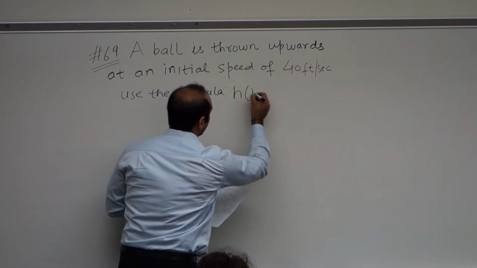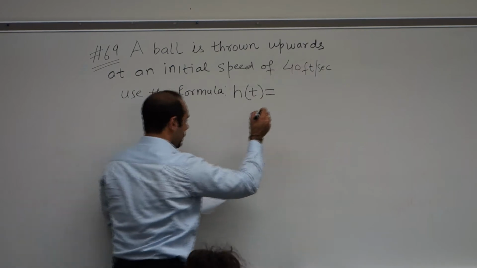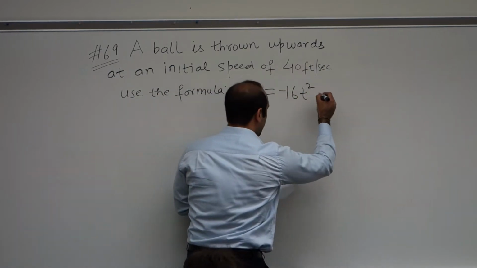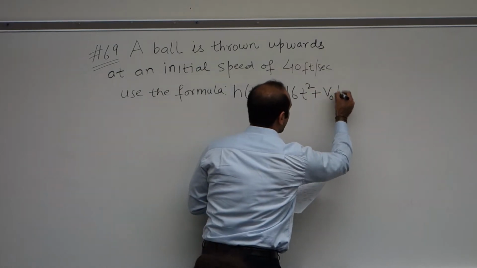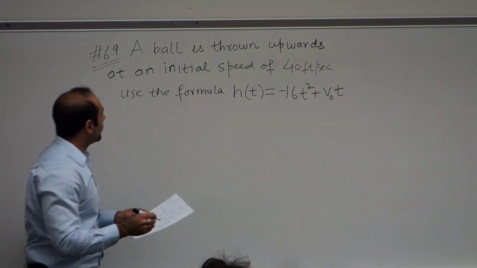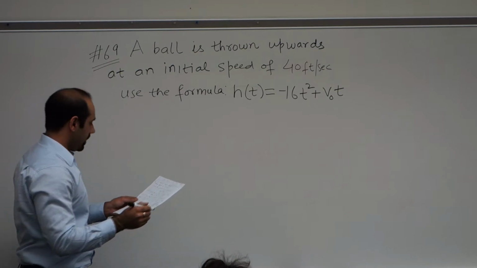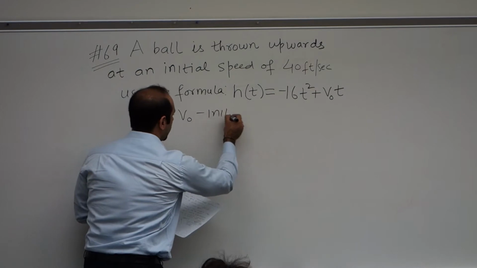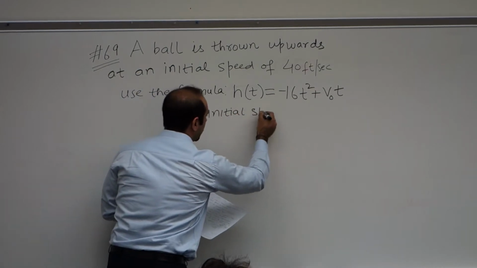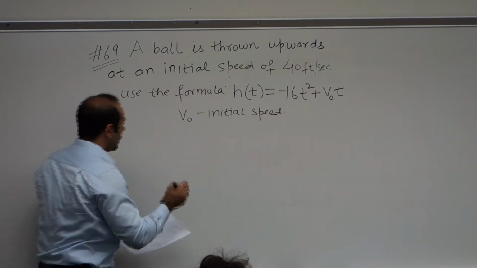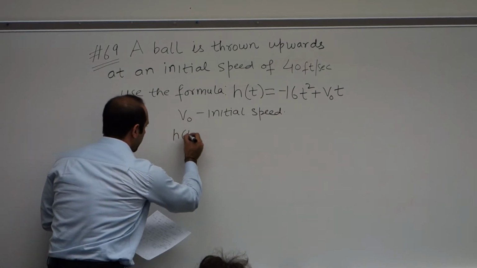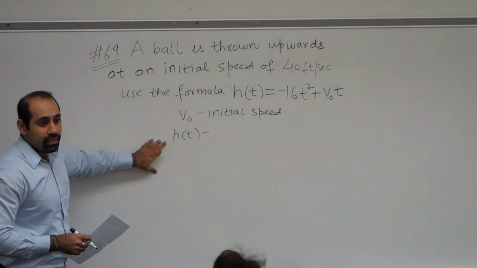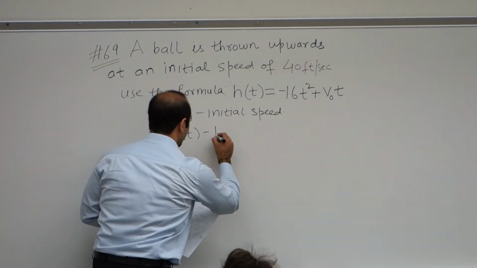So that's h of t equals negative 16 t squared plus v naught t, where v naught is our initial speed and h of t. So what do you think h of t is? The height, right? So h of t is the height.